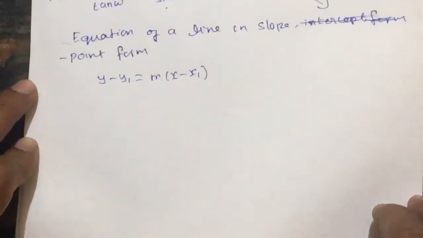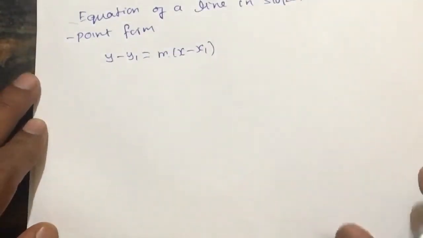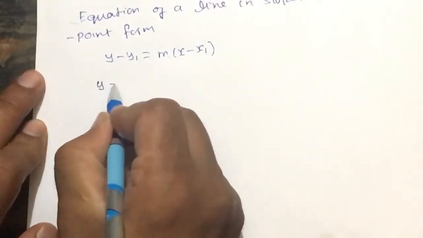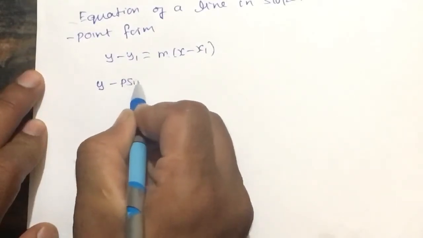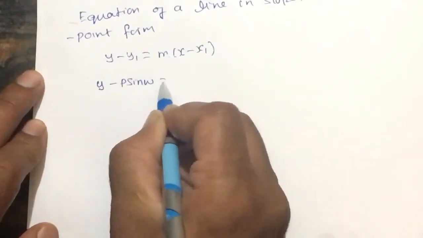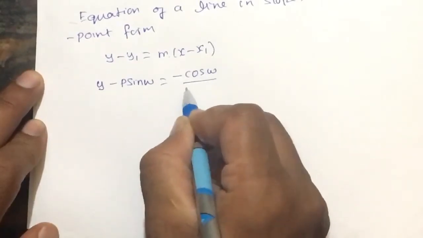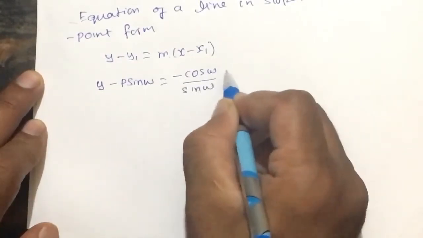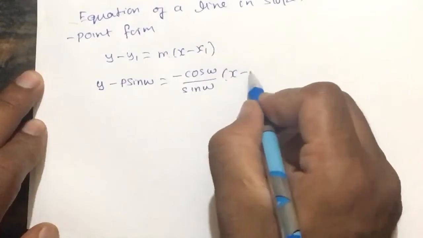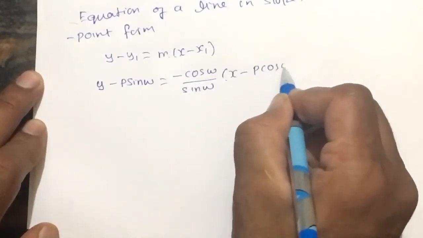Therefore, when you substitute this, we get y minus p sin omega is equal to minus cos omega divided by sin omega into x minus p cos omega.